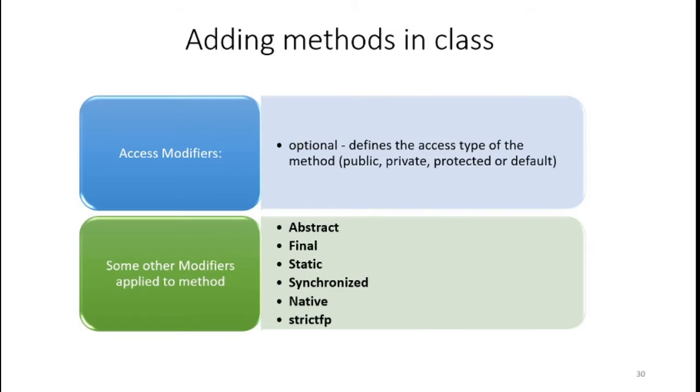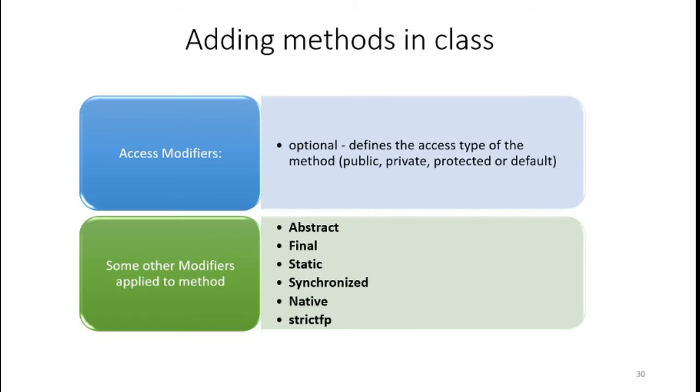A static method is a class method and is invoked on behalf of the entire class. A synchronized method is related to multi-threading, and only one thread can execute the method which is declared as synchronized at a time. The native method is written in a native language like C or C++.